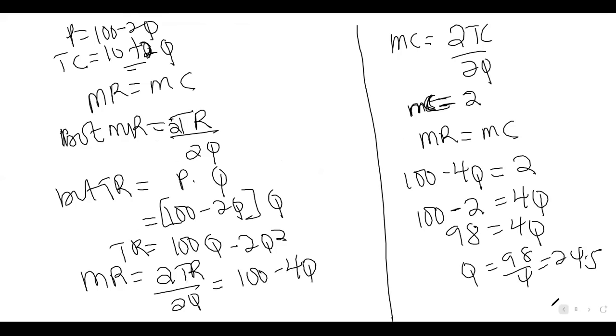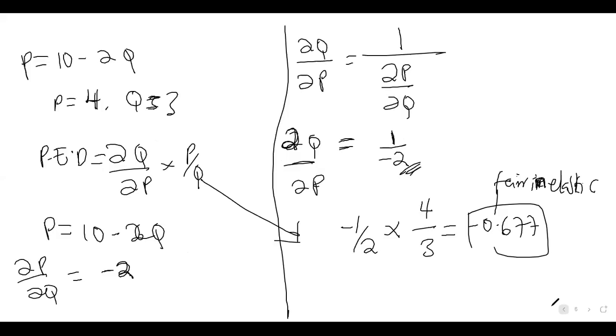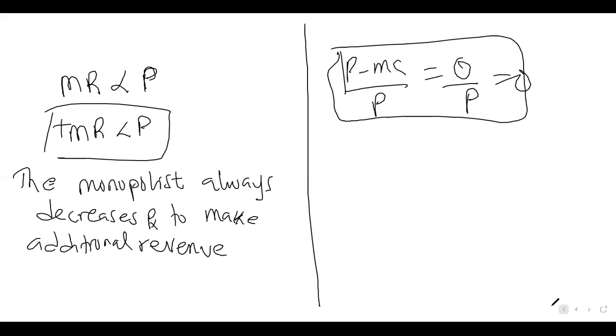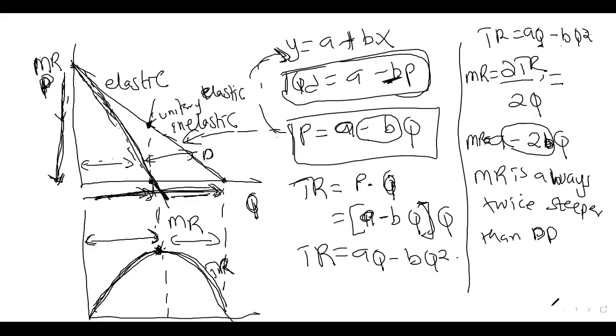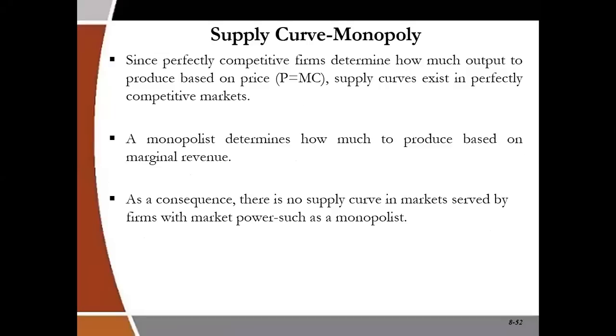For a monopolist, the quantity will always be within this first region. They won't produce a quantity in the second region, where they would get negative marginal revenue. So monopolies do not have a supply curve because what they supply is determined by the marginal revenue.